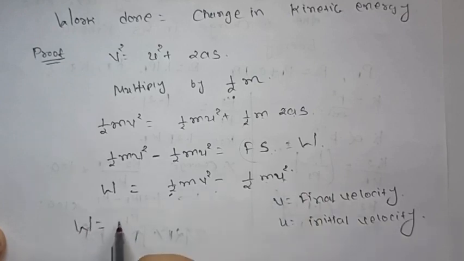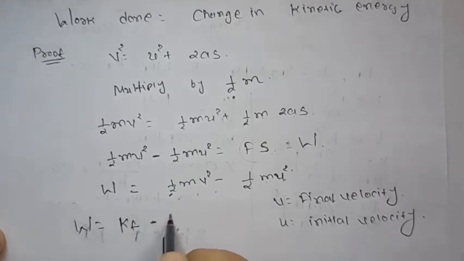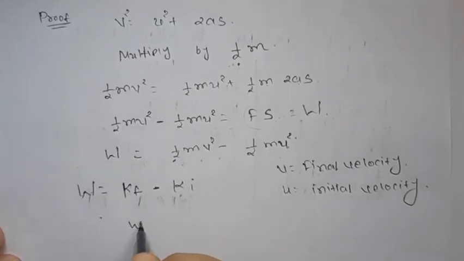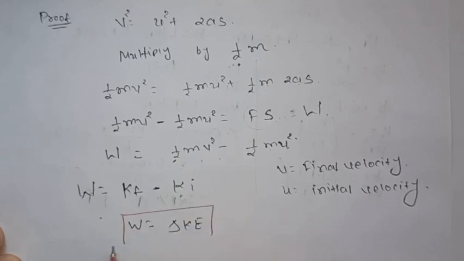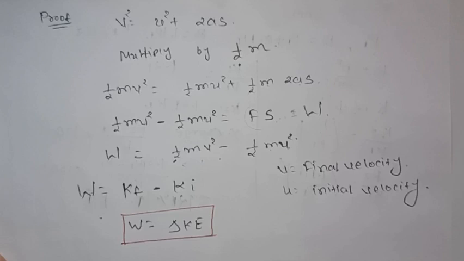So work done will be equal to final kinetic energy minus initial kinetic energy. So that will give us work done is equal to change in kinetic energy. So this is the work energy theorem. Let us now see one example based on the work energy theorem.